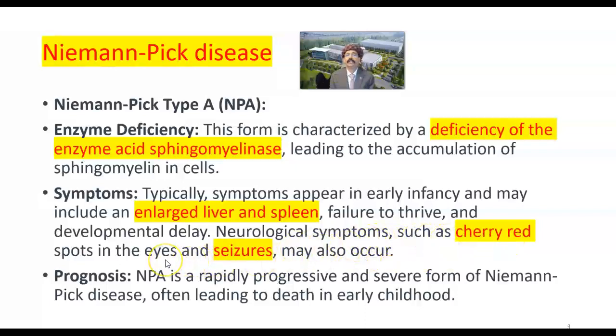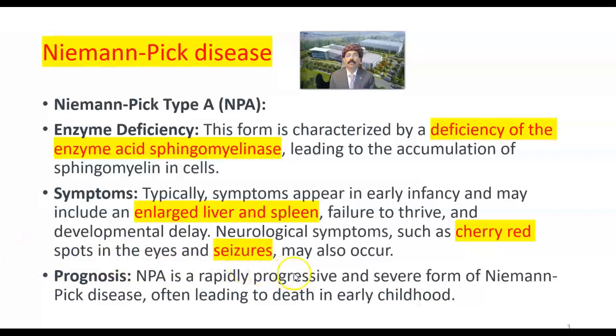in the eye. The eye has a nervous layer called the retina. Normal retina has the macula. Macula has a center that is called fovea centralis. So what happens in Niemann-Pick disease?